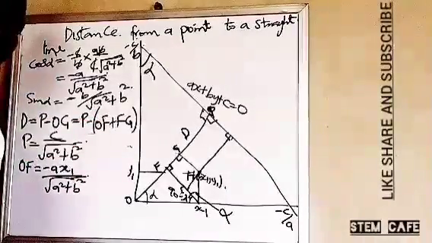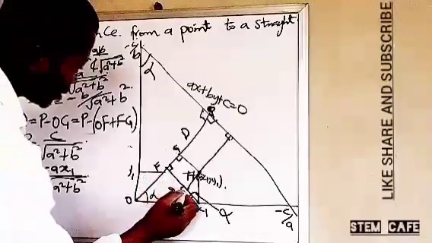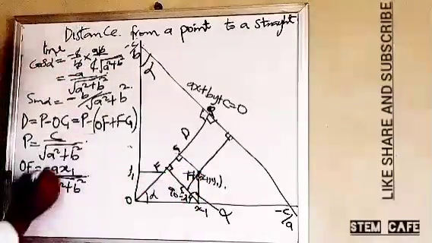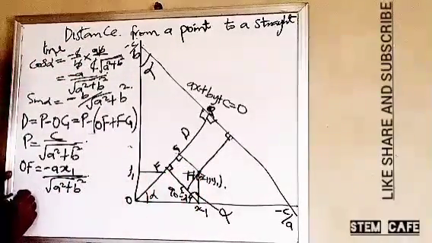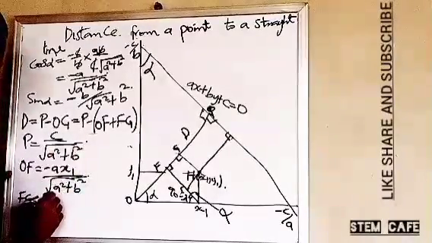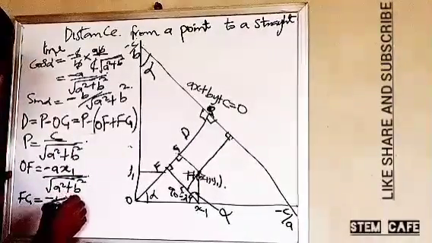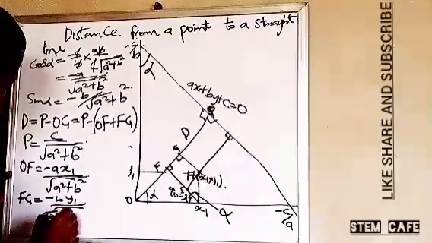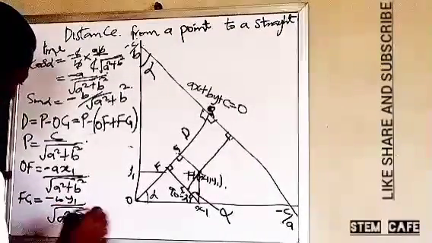And what is our FG? Our FG is equal to IH, which is equal to y1 sine alpha, minus b y1 over square root of a squared plus b squared.